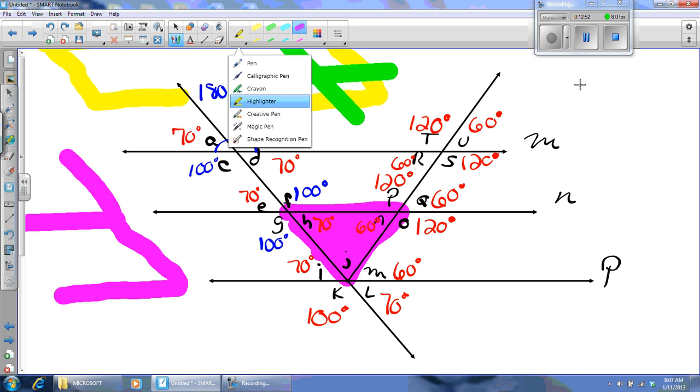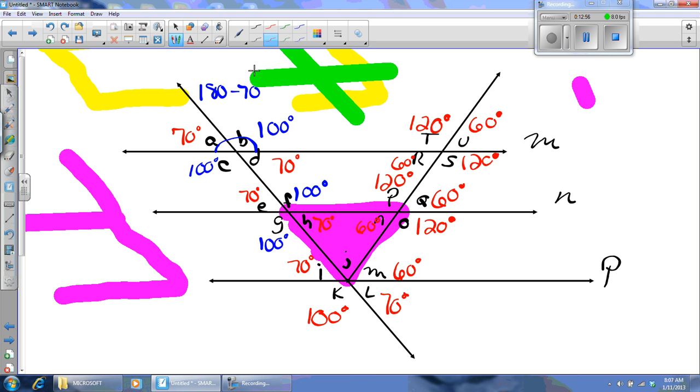I have a 70 degree angle and a 60 degree angle. I'm up to 130 degrees. All three of them must equal 180. So I'll do 180 minus 130 and I'll get 50 degrees. J must be 50 degrees.